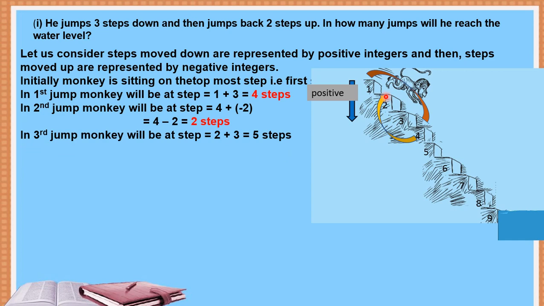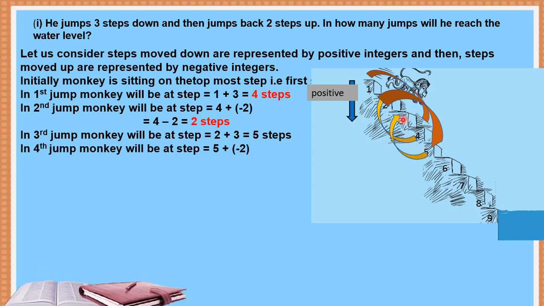In the third jump, from the second step he has to go downwards 3 steps. So from the second step he takes 3 jumps, that means 2 plus 3, fifth step. So in the third jump he reached the 5th step. But from here again the monkey jumps 2 steps back, that means 5 plus minus 2.